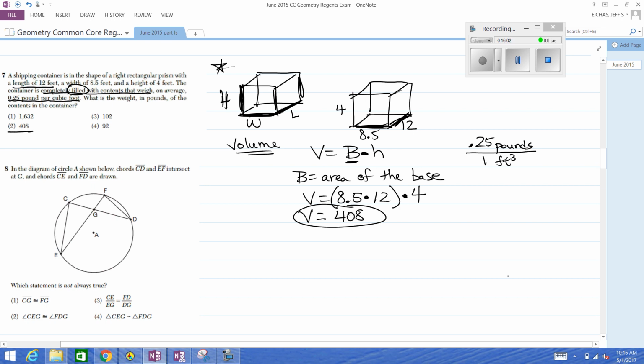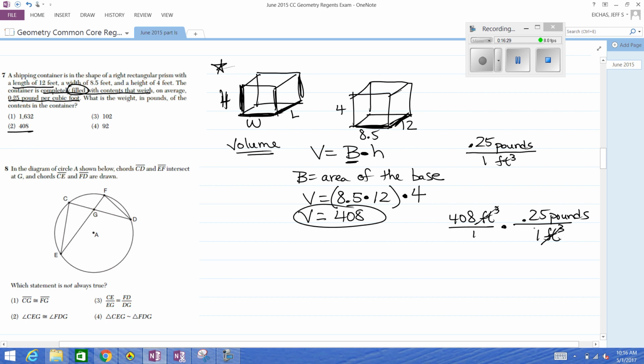Now, if we have 408 cubic feet, here's what we're going to do. We're going to take the 408 cubic feet multiplied by 0.25 pounds to 1 cubic foot. Now, this is kind of a science way of doing it called dimensional analysis. What's nice about this is if you have feet cubed in the top, feet cubed in the bottom, they knock each other out.